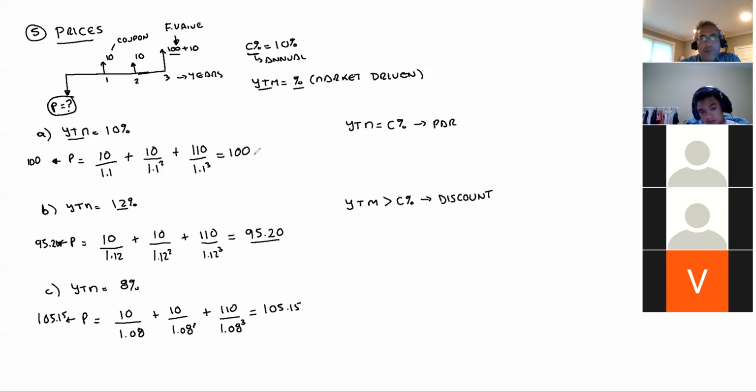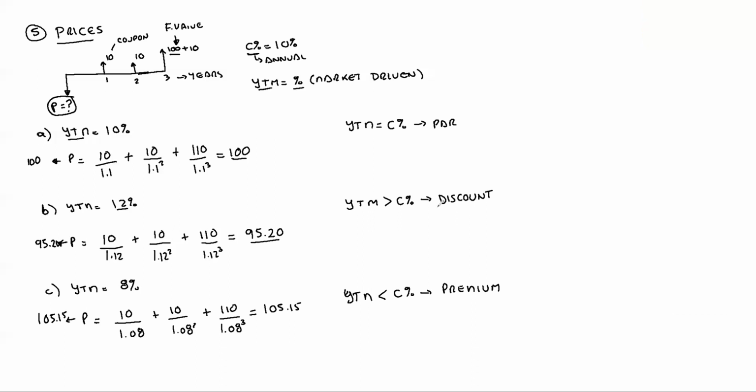Par is because the price is equal to the face value. And obviously, what happens when the yield to maturity is smaller than the coupon rate? We have a premium bond. Sorry, what does it say in the first one? Par. Yes, par value.